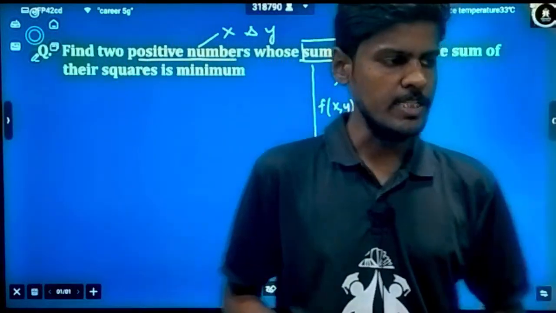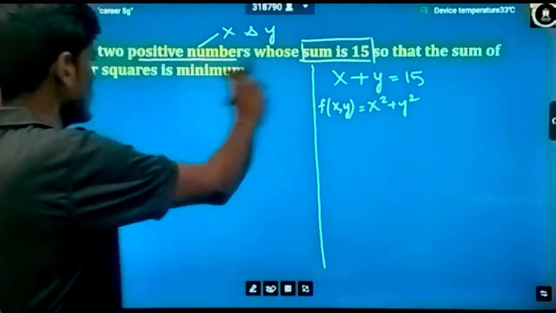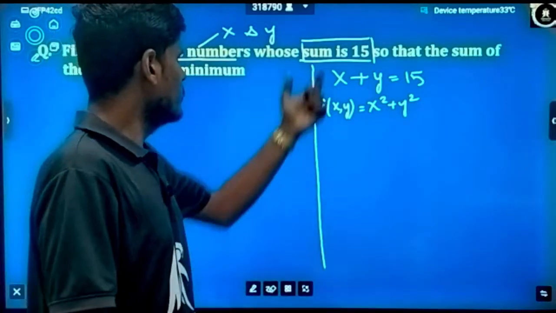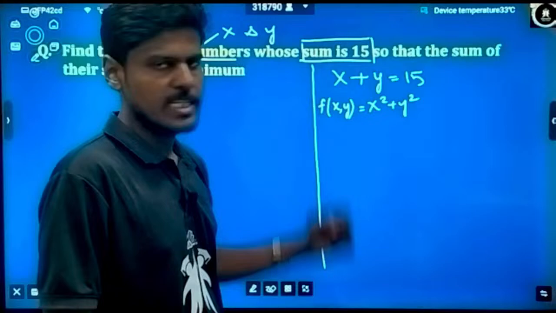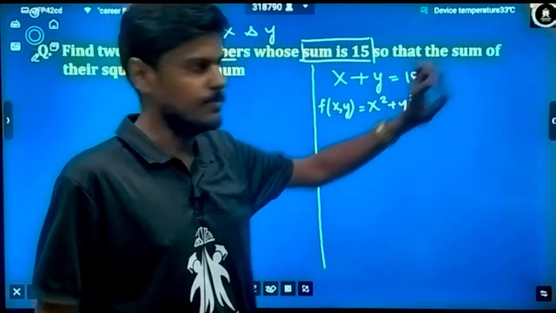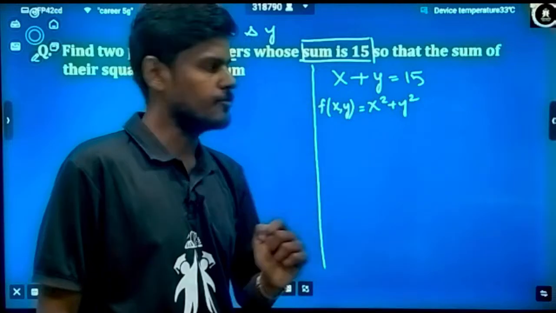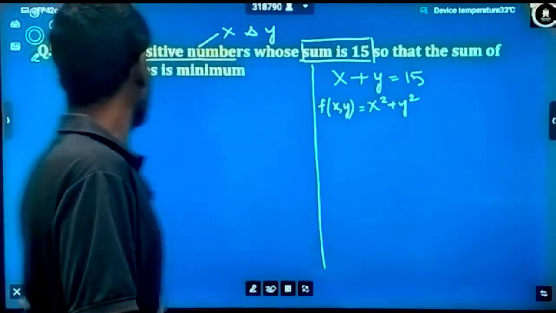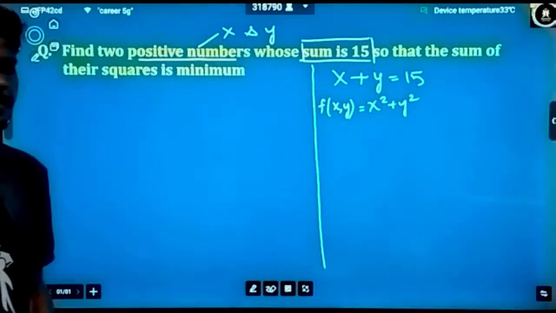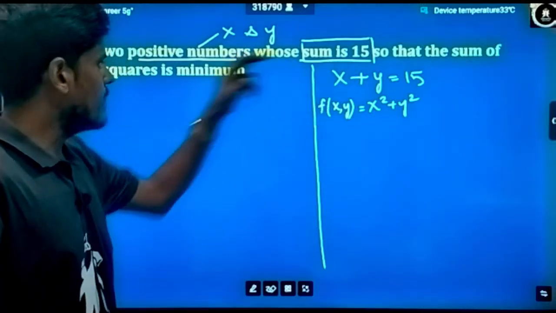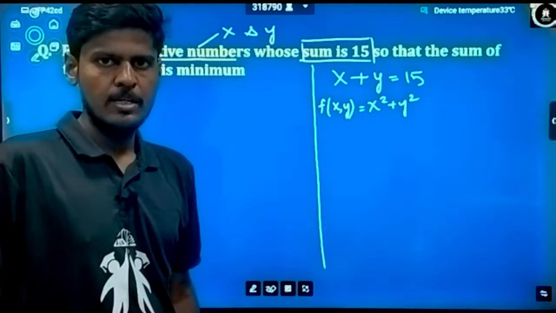For solving such questions, the first step is to see the question and see how many variables are there. Then take the given condition and write it in mathematical terms. That is, the sum of two numbers is 15 means x plus y is equal to 15. Then what is given? The sum of their squares is minimum. That means we have to minimize the sum of squares of two numbers.